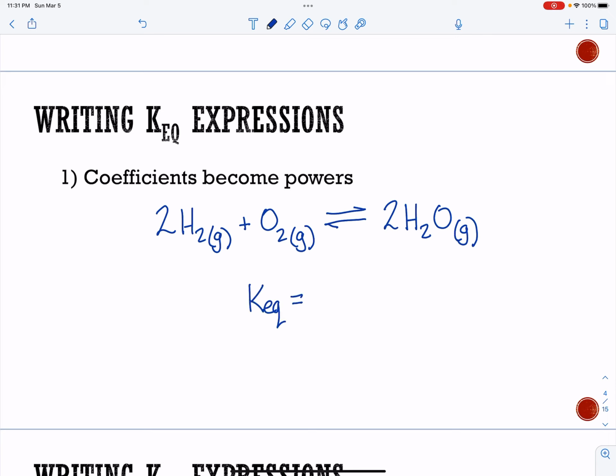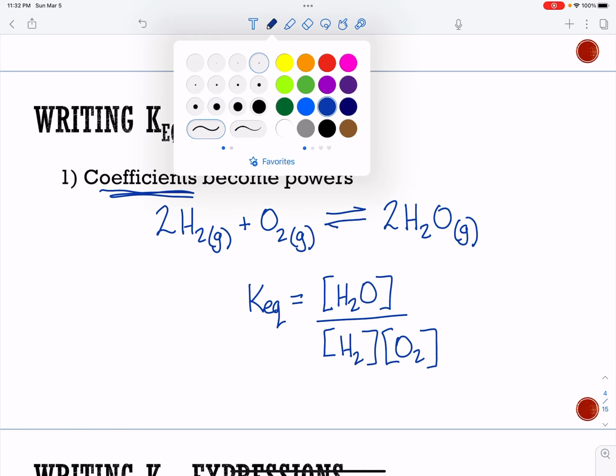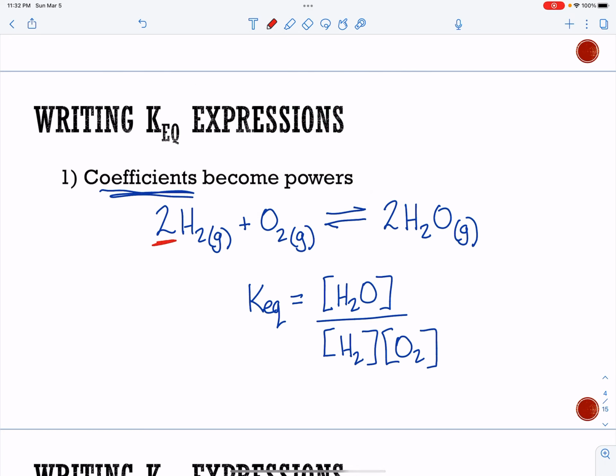Okay, so our first rule for writing the KEQ expression is that KEQ is going to be equal to our products over reactants. So I'm going to put our products, concentration of water, over the concentration of our reactants, H2, multiplied by the concentration of O2. But the coefficients become powers in this reaction. You'll notice that I've got a coefficient of 2 for my hydrogen gas.